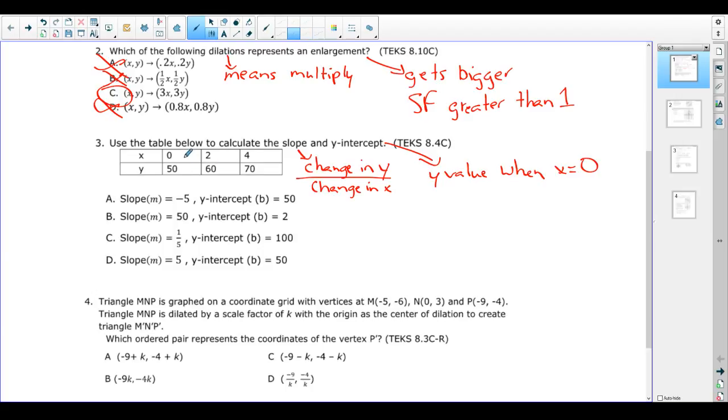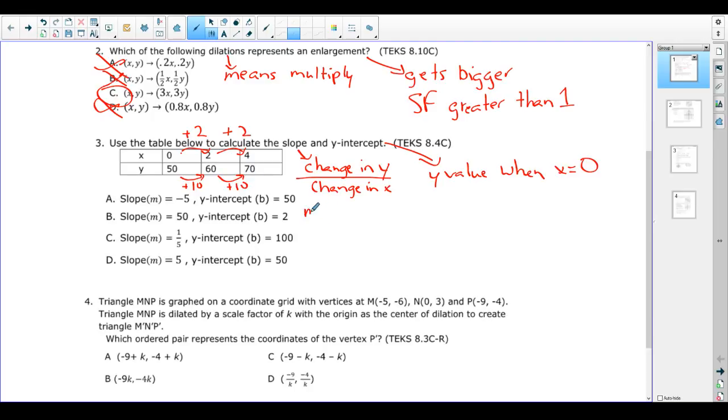So we make our arrows. We say x is going up by 2. From 2 to 4 is going up by 2 again. The constant rate, that's good. Our y is going up by 10. Up by 10.